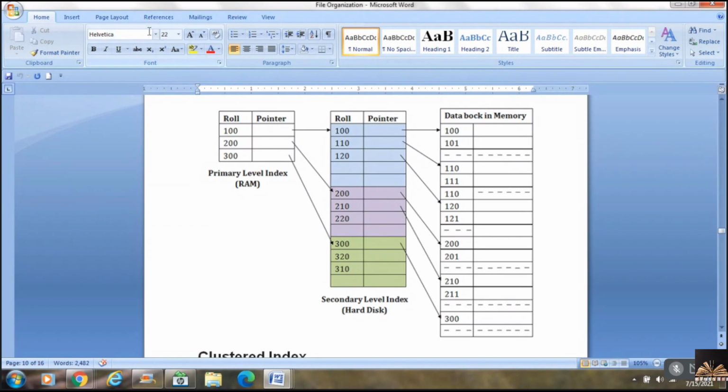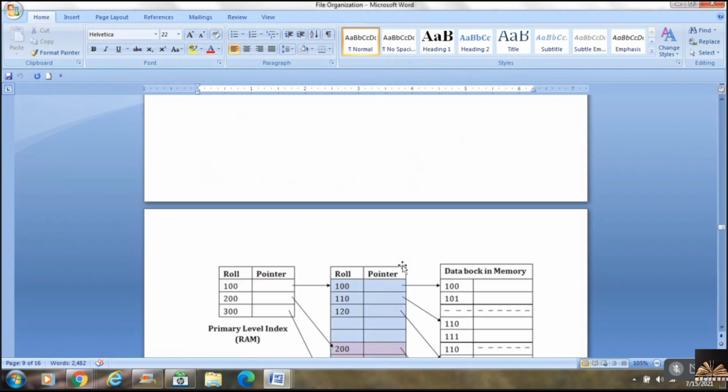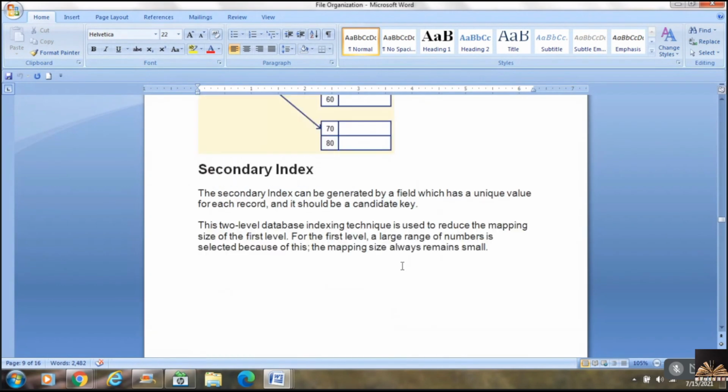This is what we were following in the secondary index, if you remember. The secondary index can be generated by a field which has a unique value for each record, and usually it can be a candidate key. And this is a two-level database indexing. So we are calling it a two-level database indexing.